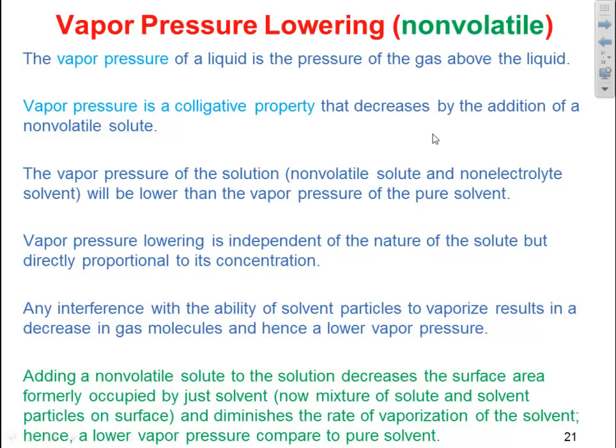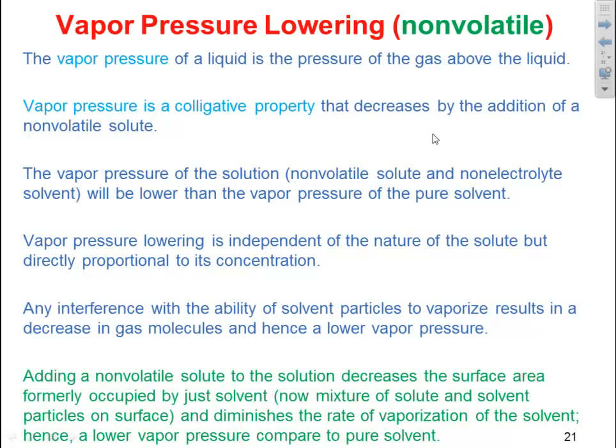If you have a pure solvent, all the surface of that liquid is solvent molecules. When you add a solute, now you have a homogeneous solution, so you have solute and solvent particles on the surface of the water. And it diminishes the rate of vaporization of that solvent. Hence, there will be a lower vapor pressure compared to the pure solvent.